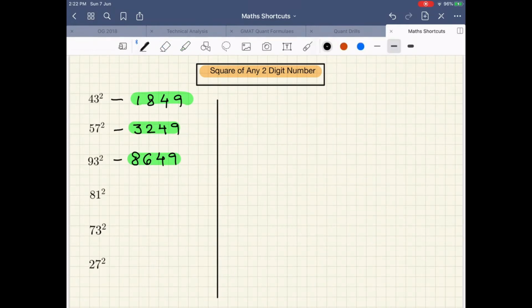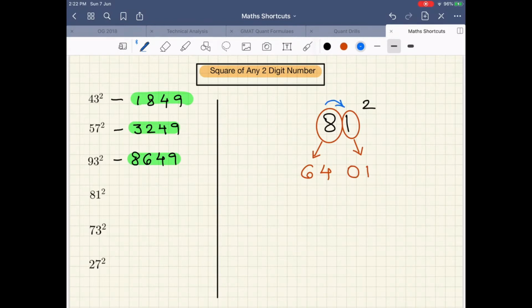The next question, 81 square. Again, 8 square is 64. 1 square is 01.